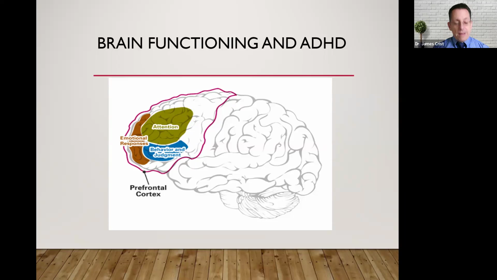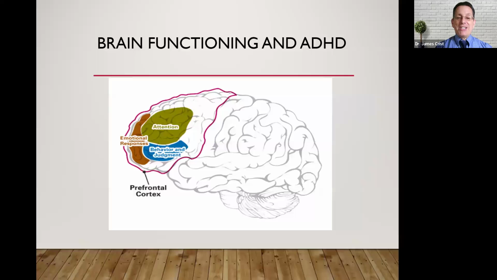So the prefrontal cortex here, that's the front part of our brain. That's the part that thinks, that's the part that makes us more uniquely human. And that part of the brain, which involves controlling emotional responses, paying attention for extended periods, functions that are primarily in the prefrontal cortex.